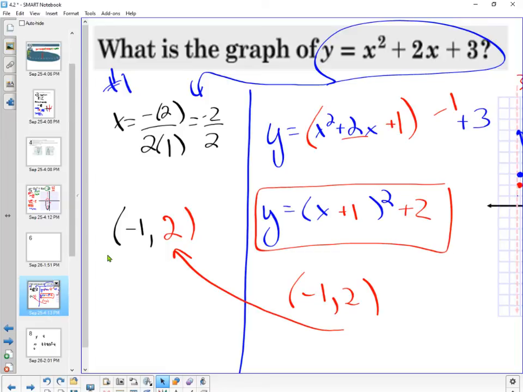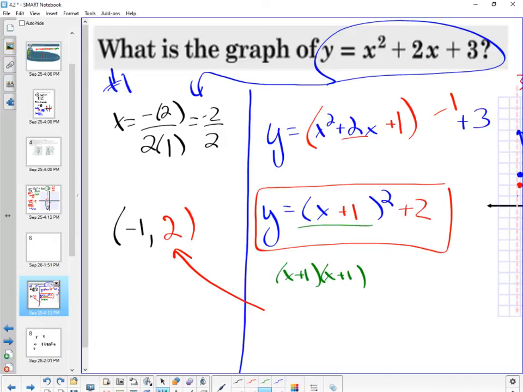Remember when you factor it out, you got this extra 1 there. Okay, so if I did this, let me show you real quick. If I took this, I would get x squared plus 2x plus 1 plus the 2 that's already there. What's my y-intercept? Okay, you gotta be careful with it.